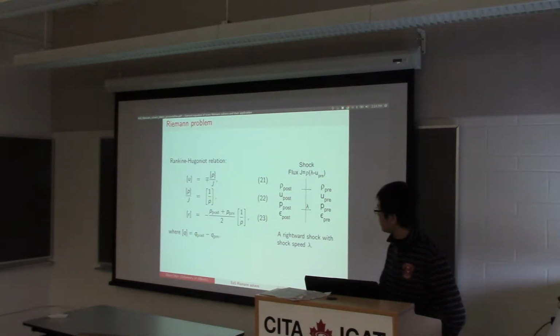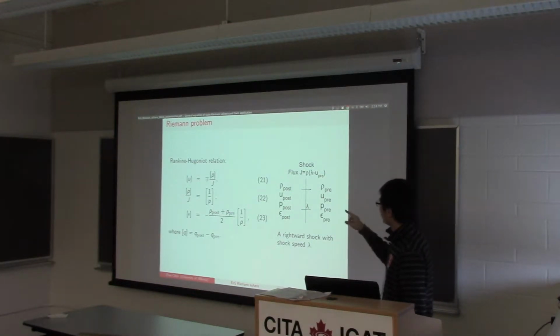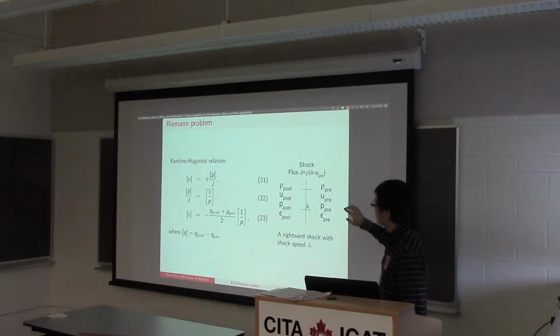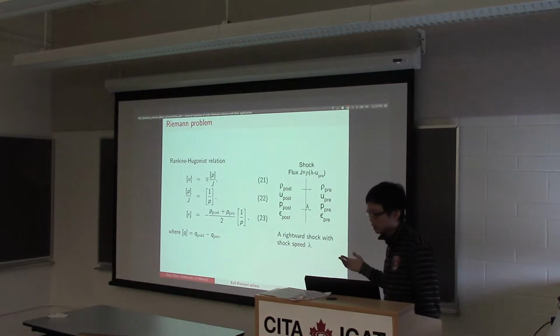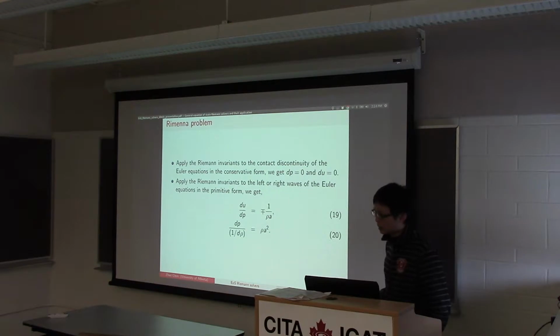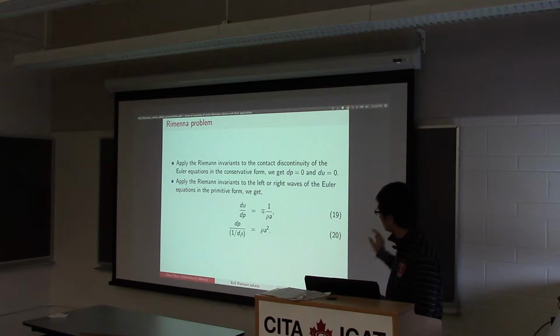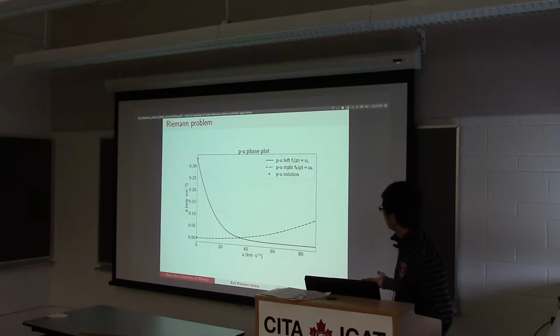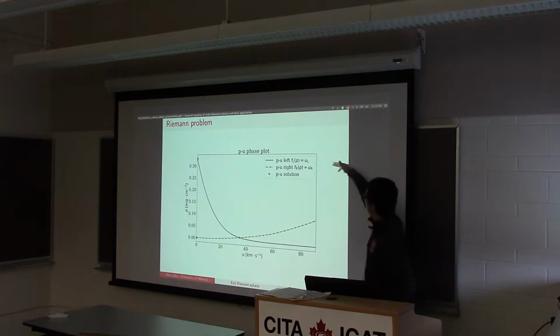we need to solve. Also, this equation 21 gives a relation of p and u, which is pressure and velocity. On the previous slide, we also gave a relation of pressure and velocity. So if we put these 2 quantities on one plot, there is a phase plot called the p-u phase plot. This phase plot is very clear. There is its left branch, which starts from the left state, and the right branch, which is the right state.